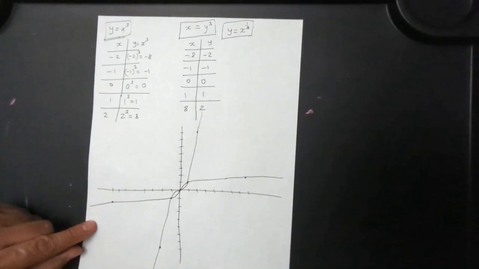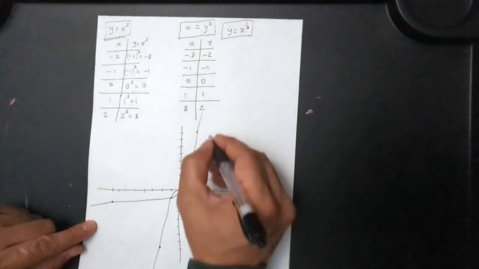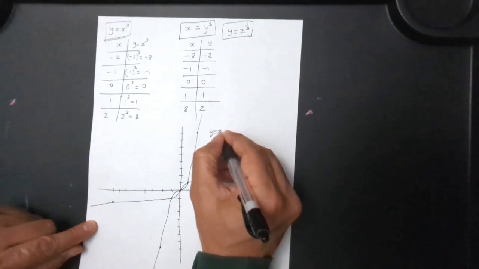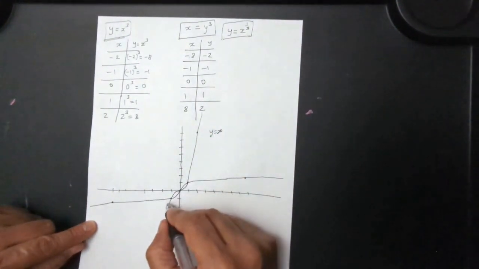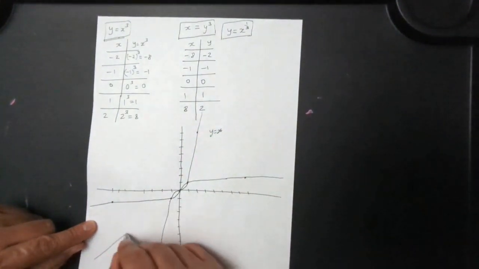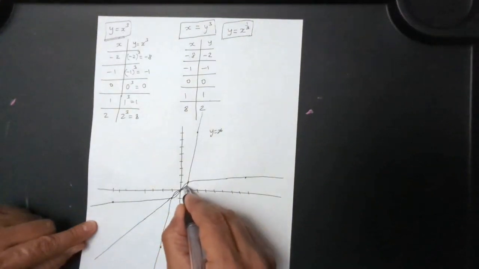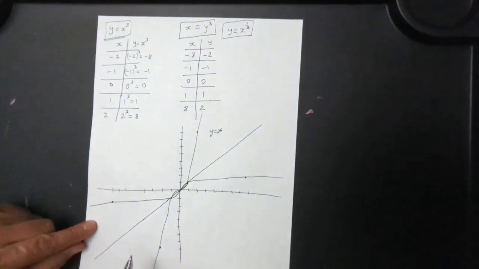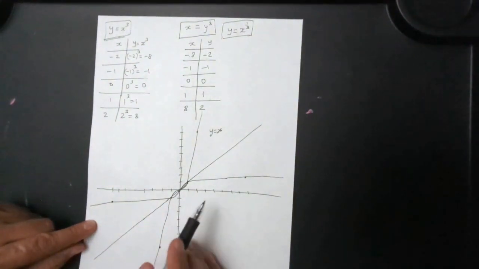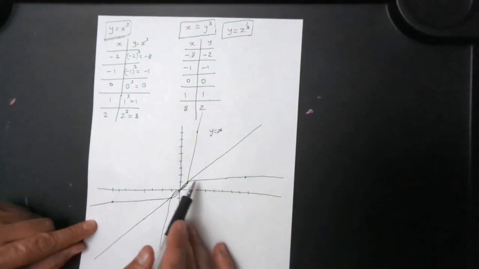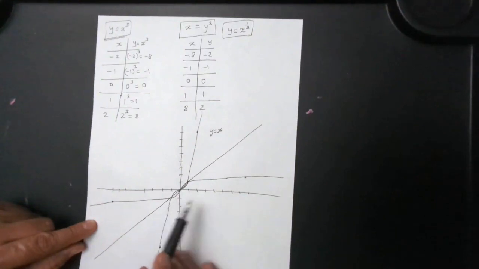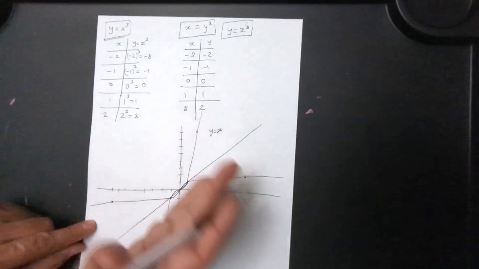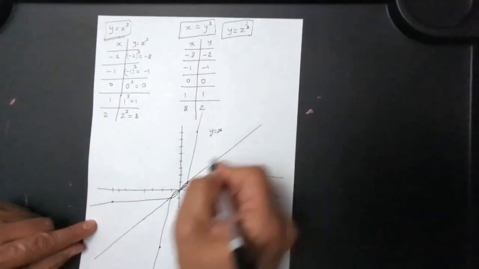Now this is interesting. If you draw the y equals x line, that line looks like this. Okay, so what you will realize is that the inverse function and the original function, they are like mirror images of each other along this line.